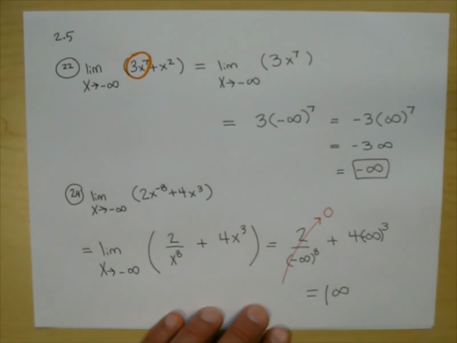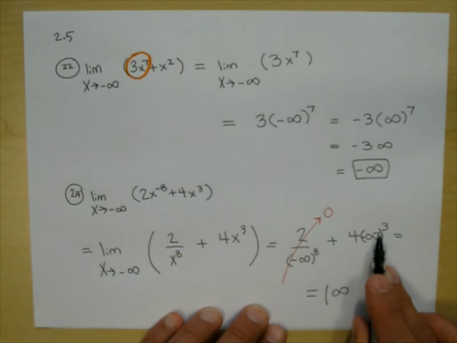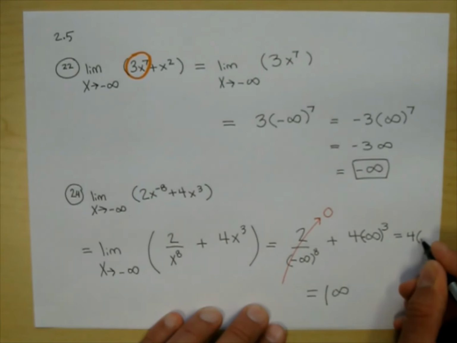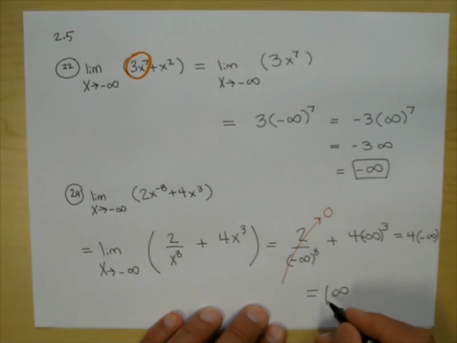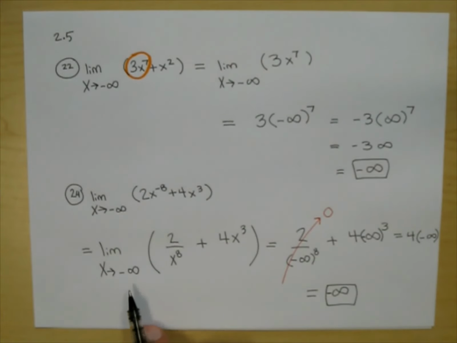So that's 0, and this is negative infinity cubed, which is actually negative infinity, because 3 negatives make a negative. So this answer is going to be negative infinity. Okay, so I was getting a little sloppy, and hopefully you see that when I was plugging negative infinity in.